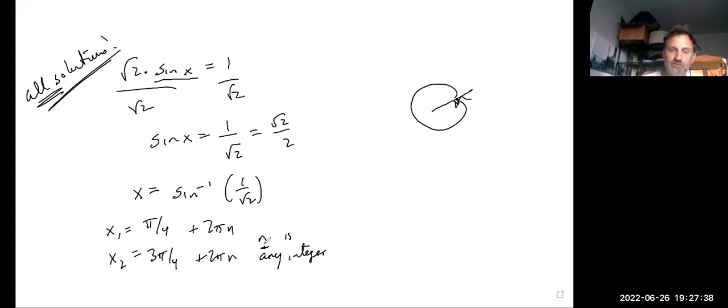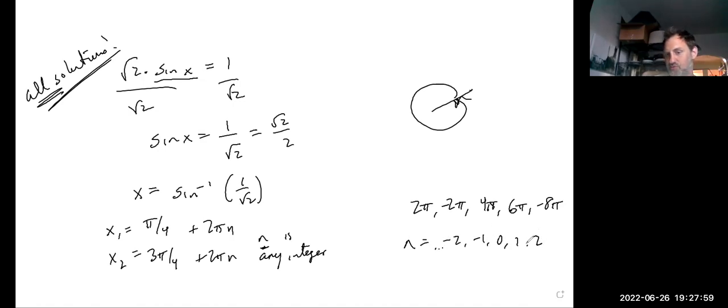So by making it 2 pi n, where n is any integer, I'm talking about 2 pi, I'm talking about negative 2 pi, I'm talking about 4 pi, I'm talking about 6 pi and negative 8 pi. Because integers are, you know, dot, dot, dot, negative 2, negative 1, 0, 1, 2, 3. It's just a nice succinct way to cover all of my bases in terms of all of the solutions.